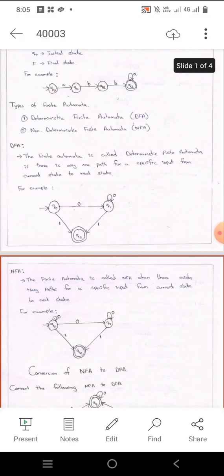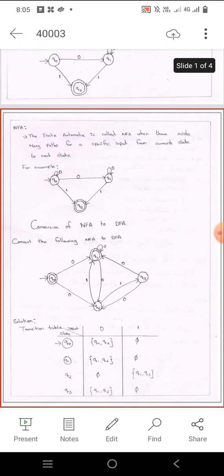So this is given clearly in the definition. If there exist many paths for a specific input from a current state to a next state, we will call that as a NFA. So this is the major difference between a DFA and NFA.